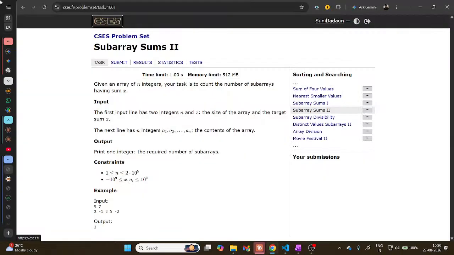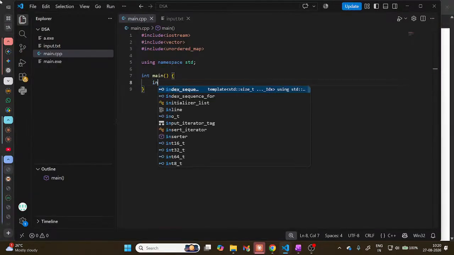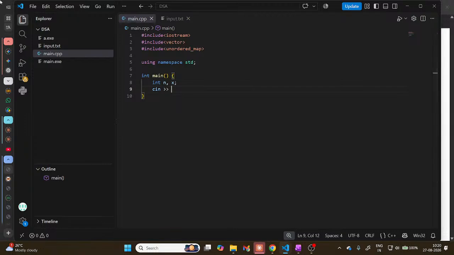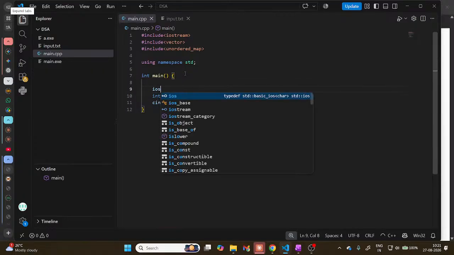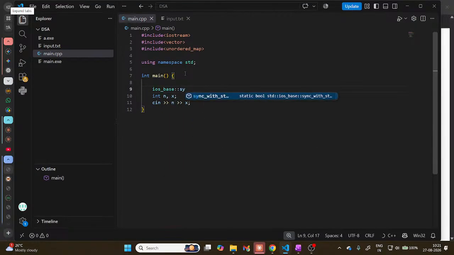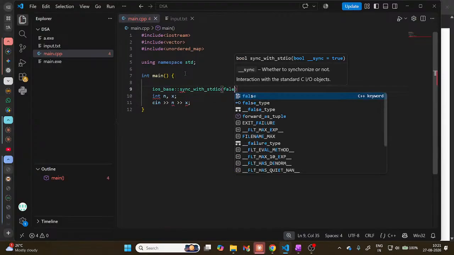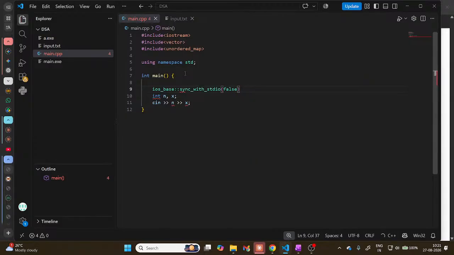What is the input? The first input line has two integers n and x. n is the size of the array. So integer n comma x is here, right? cin n, x. One more thing we can add is ios base sync with stdio false, and cin.tie null. Now we have n and x.